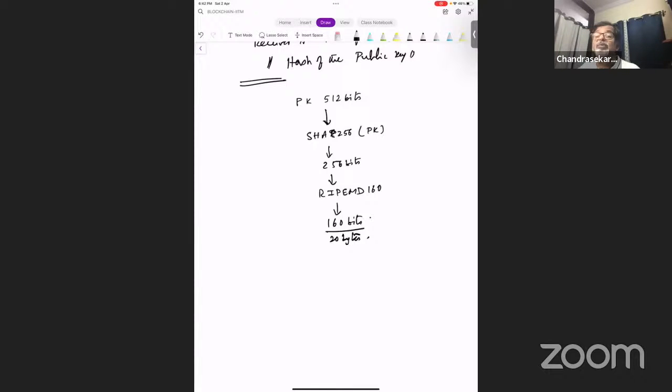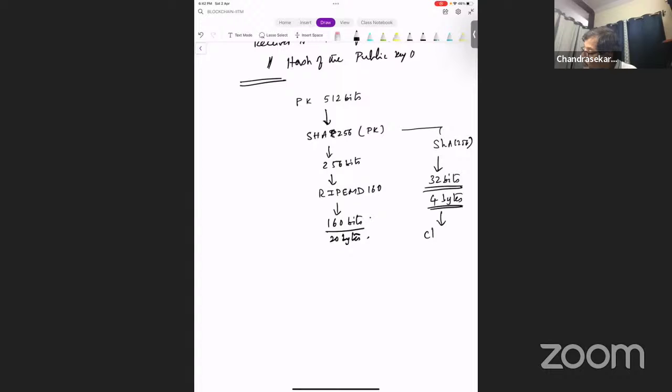That's the reason why we need what is known as a checksum. So the checksum is going to be done in a different way. What they do is, they take this public key, SHA-256, and another SHA-256, and you take the first 32 bits of this one, that is 4 bytes.